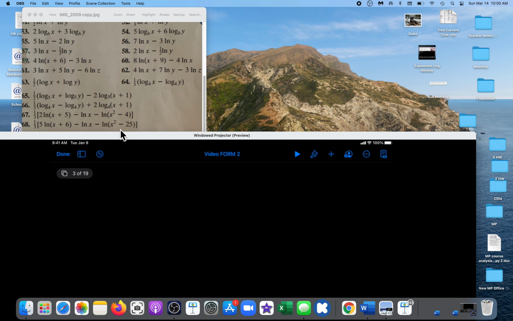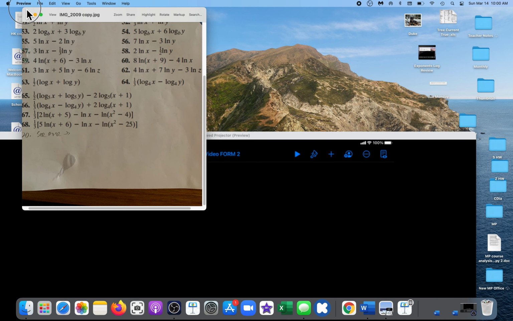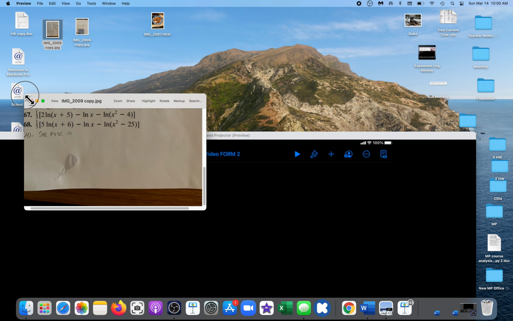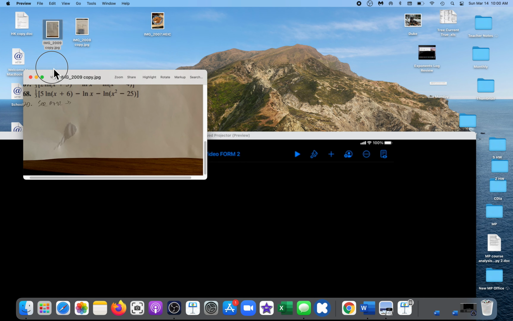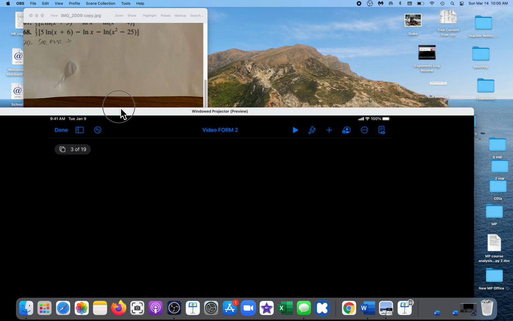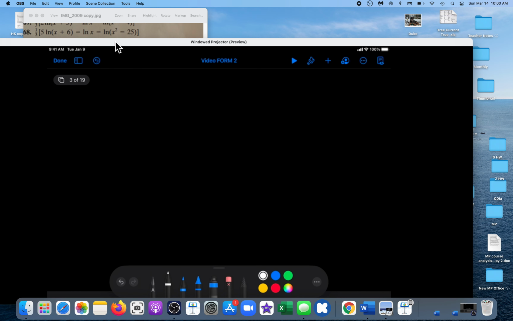That means these 2 are going to go in the denominator. That's going to go into the numerator. All right, so we're going to keep the 1/3.